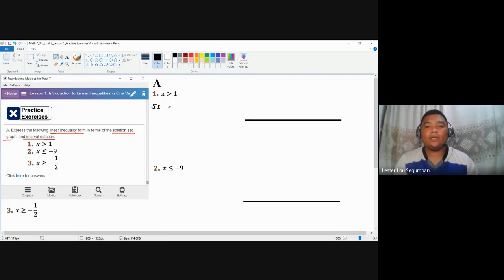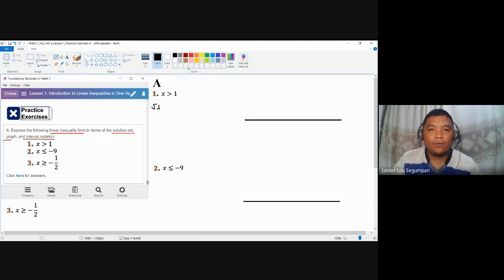Rather, we need to use the other way of writing sets, which is the set builder notation. Now, in other references, there are many ways to write set builder notation. In our first grading, we were able to talk about writing a statement. We could also write our solution set in symbolic form.